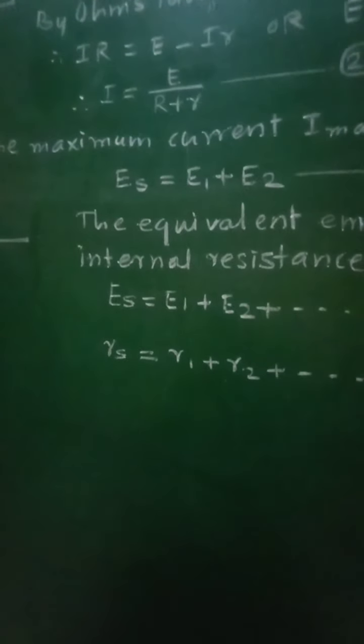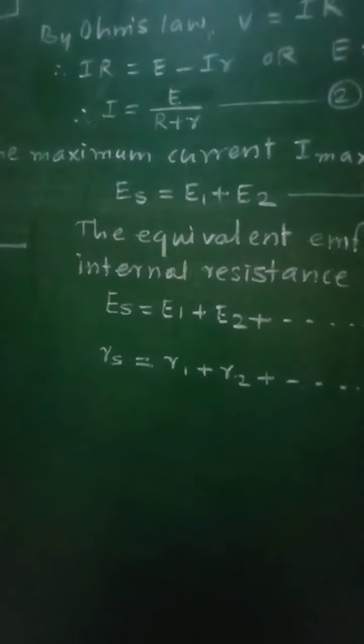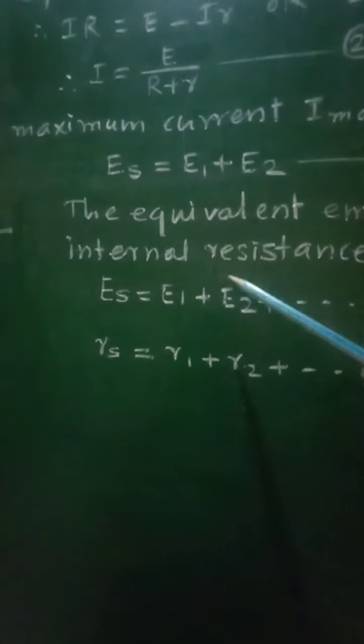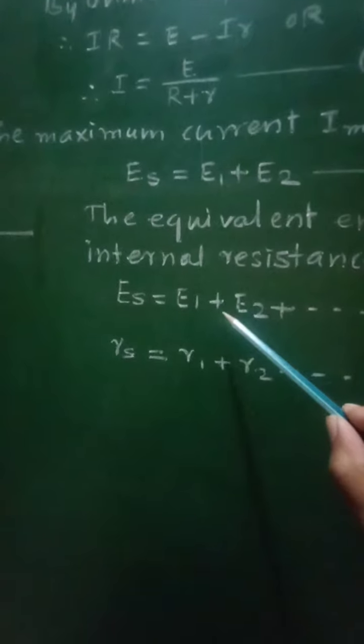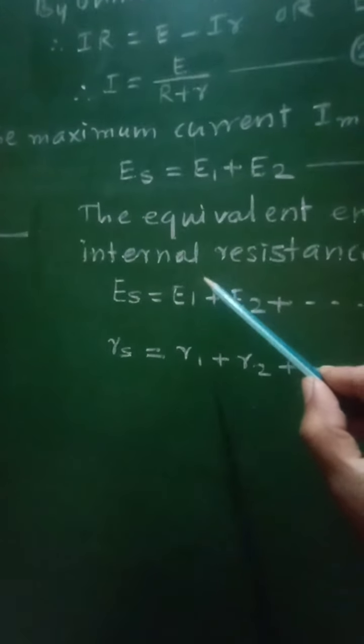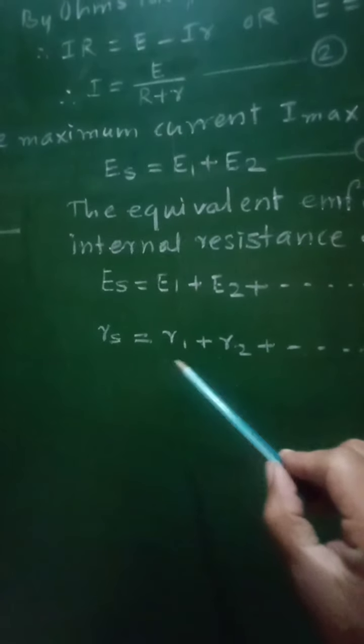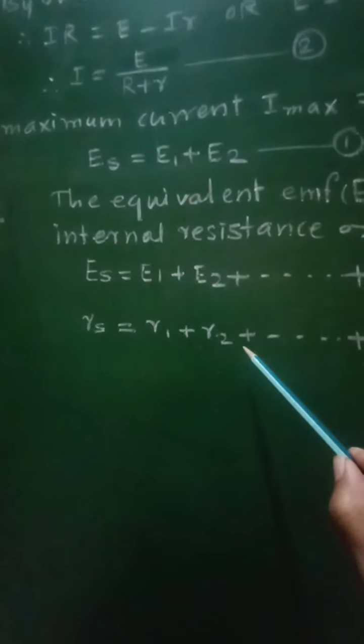Instead of only two cells, if n cells having EMFs E1, E2, E3 up to En and internal resistances r1, r2, r3 up to rn are connected in series, then the equivalent EMF of that series combination of n cells will be given as the sum of the individual EMFs. Similarly, their resultant internal resistance rs will be given as the sum of the internal resistances of all the cells.